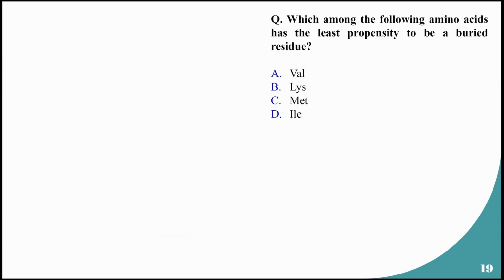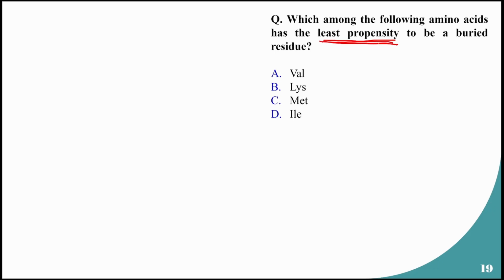So yeah, we are talking about the propensity of certain amino acid residues to be buried or not. Now, in this particular case, as you know, which type of amino acid residue wants to be in a buried environment? Hydrophobic residues, right? But here the question is asking which of them has the least propensity to be a buried residue. So the least propensity to be a buried residue, that should be some sort of polar residue, right?